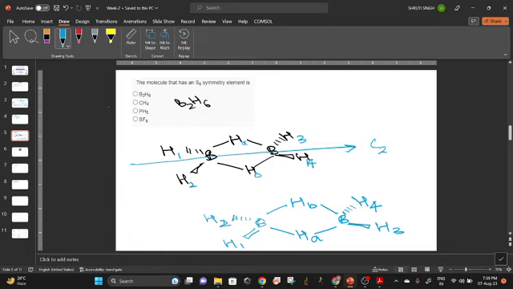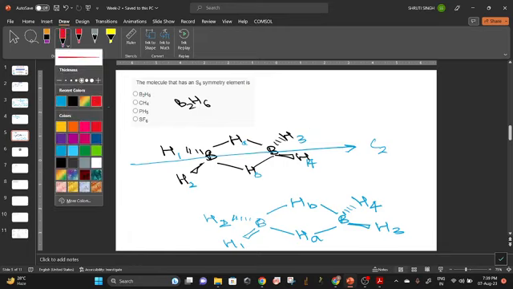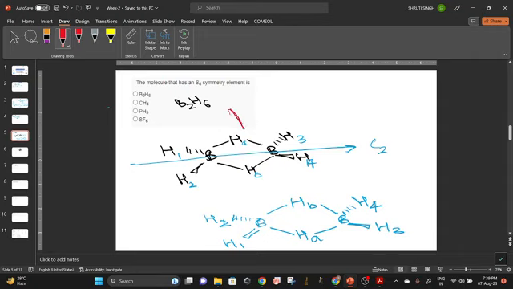Now there is one more, which will be passing through both the hydrogen atoms. So B and B are in plane, and this HA is above the plane, and this HB is exactly down the plane. So there will be one C2 passing through the hydrogen atoms.